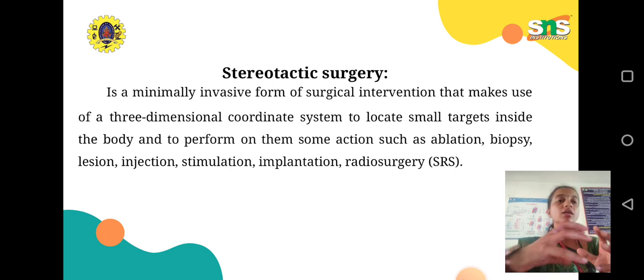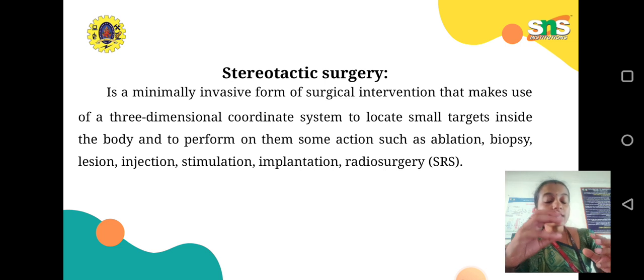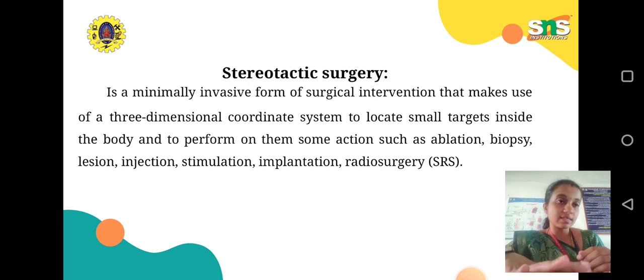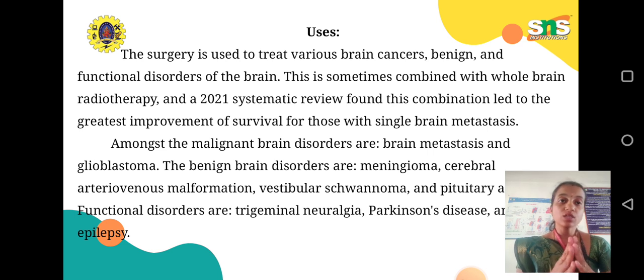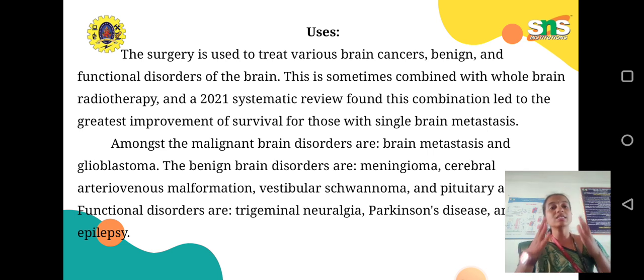These can be done for a smaller target present in our body, such as tumor cells or cancer cells. The surgery is used to treat various brain cancers. As I told you already, this is very similar to the uses of stereotactic radiotherapy. It is mainly meant for brain disorders.